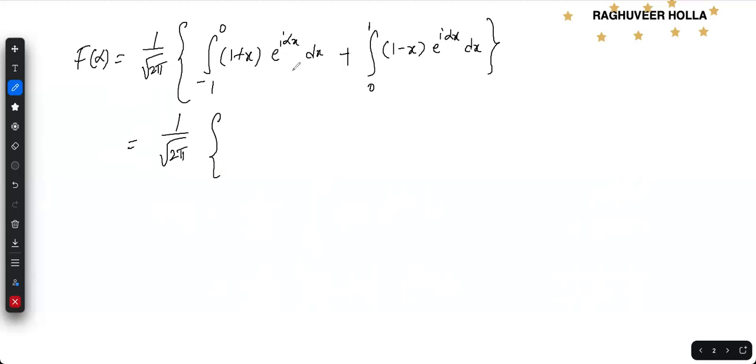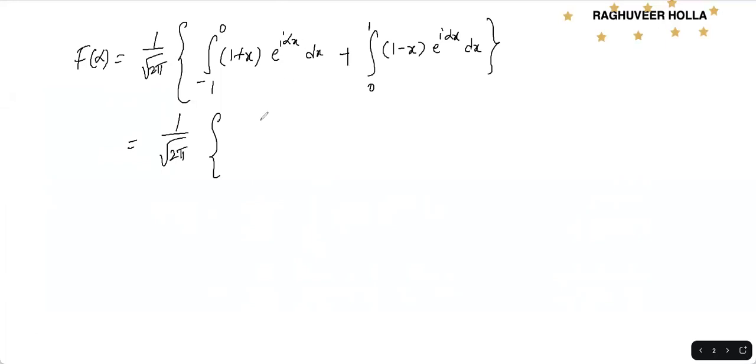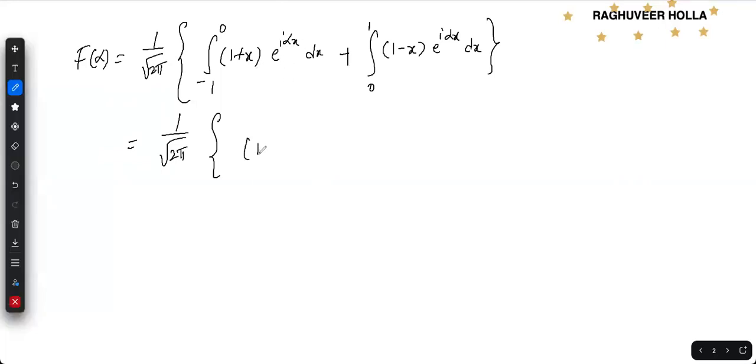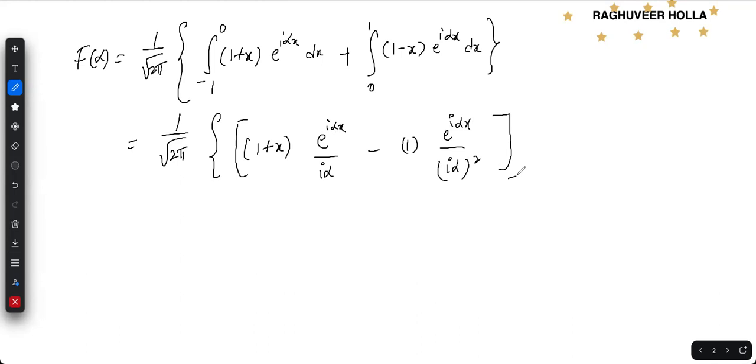Now integration of this. If I integrate this using by parts, I keep 1 plus x, and this is e to the power of i alpha x by i alpha, minus, this would be 1, so 2 times of integration, e to the power of i alpha x by i alpha whole square, close the brackets, minus 1 to 0.